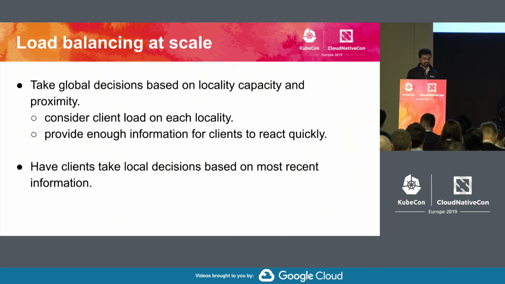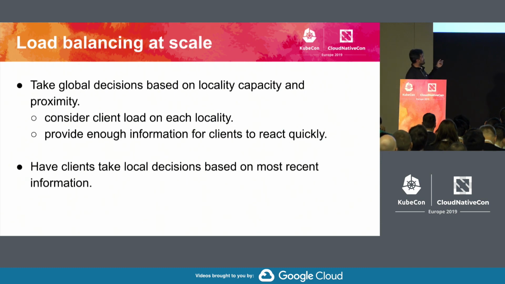The global decisions, like what's the capacity of a particular locality and, for clients in a particular locality, where should they directly go to, those decisions can be made globally at the load balancer, while the clients can take more local decisions of which servers to pick and which localities to pick in case certain localities fail.